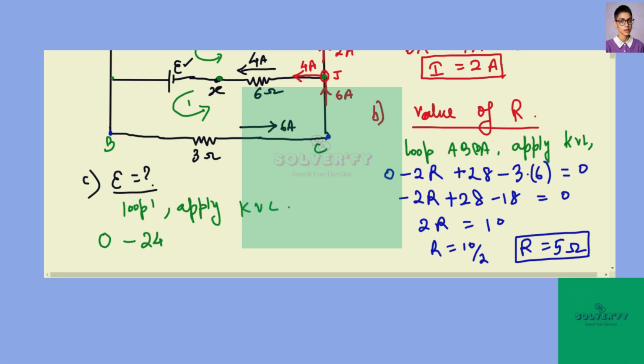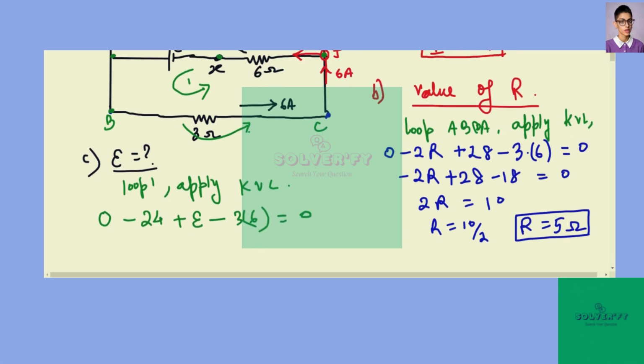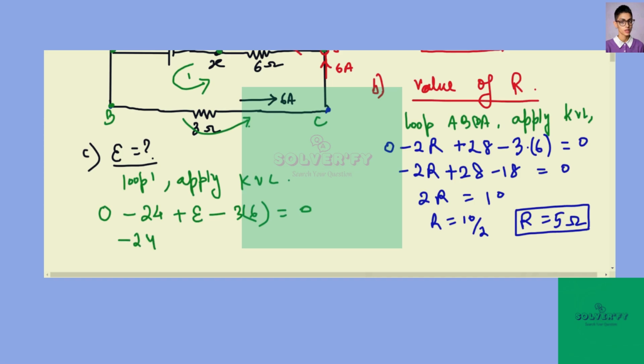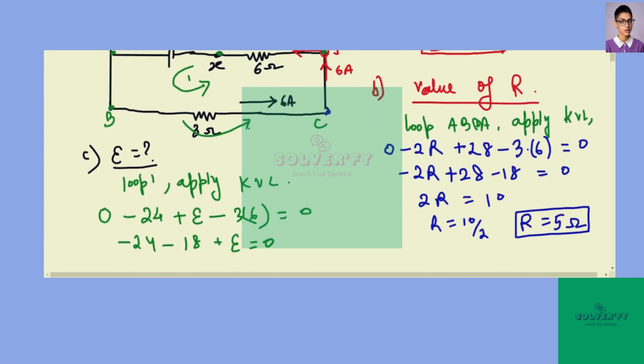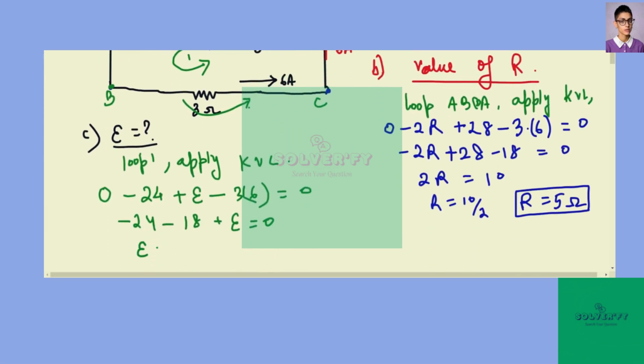And then potential at this will be increased by E amount, and that will be the potential here. Again, it will be decreased by 3 into 6. And this will be 0 again. So this again we can solve. Minus 24 minus 18 plus E is equal to 0. And this gives us the value of E as 42 volt.